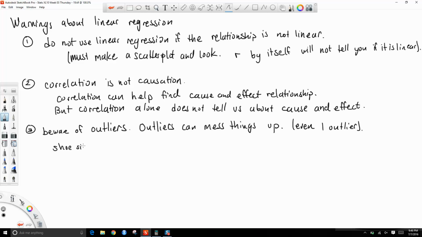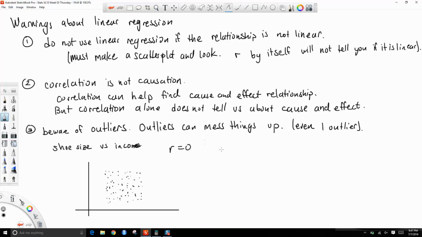What kind of correlation would we see here? We should see no relationship, right? We're going to see people with small feet making little money and people with small feet making lots of money. People with big feet making a little money, people with big feet making lots of money. So overall, you're going to have R equal to 0.